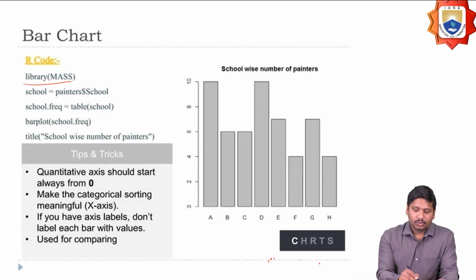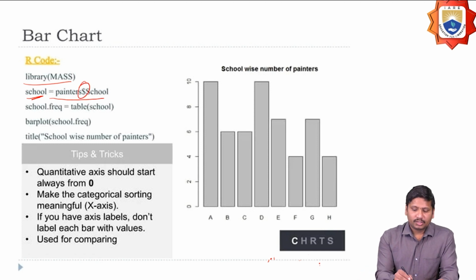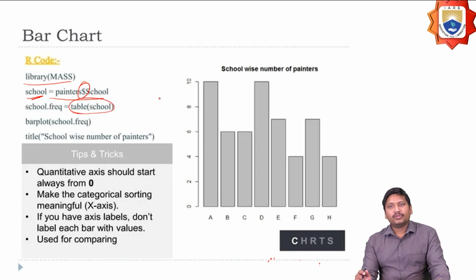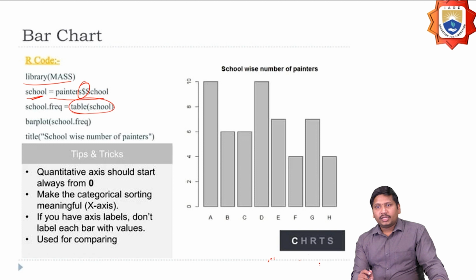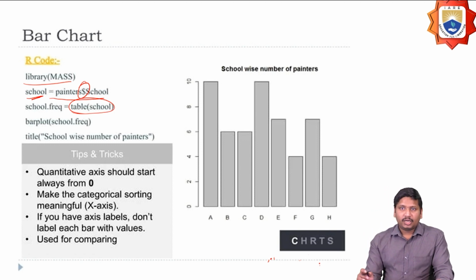I'm going to take the school: painters dollar school is the symbol to be combined, and school dot frequency is equal to table of school. So we extract the content of the school from the table, which I can extract from the Excel, and that is stored in school dot frequency.